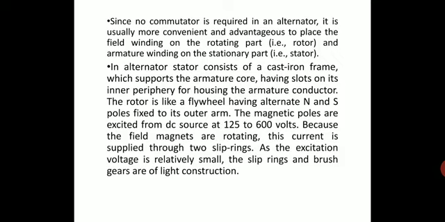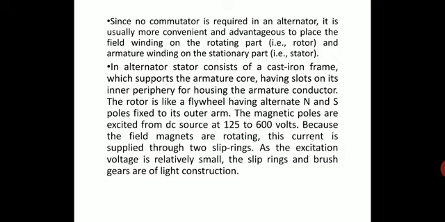In the case of an alternator, the armature core has slots on its inner periphery for housing the armature conductors. The rotor is like a flywheel having alternate north and south poles fixed to its outer rim.